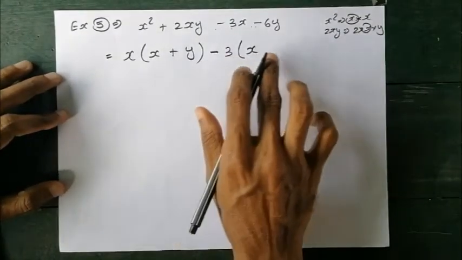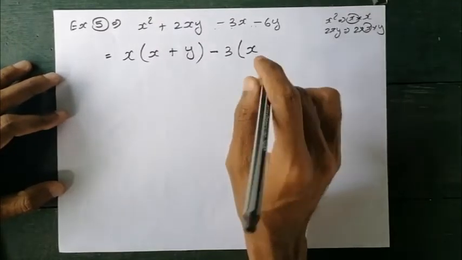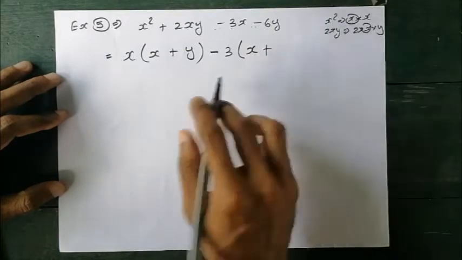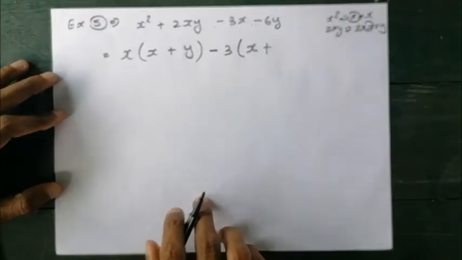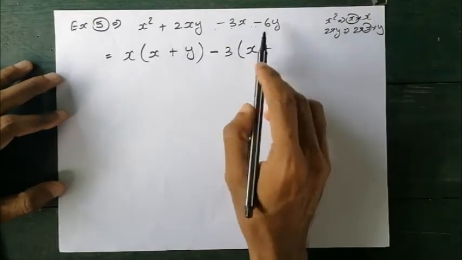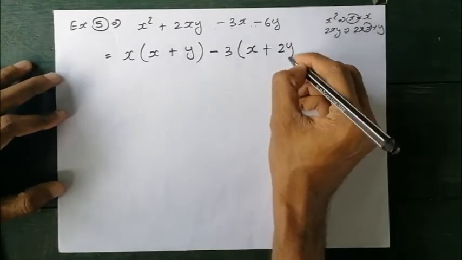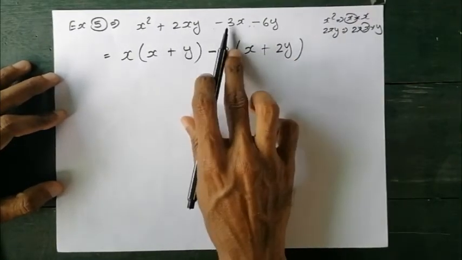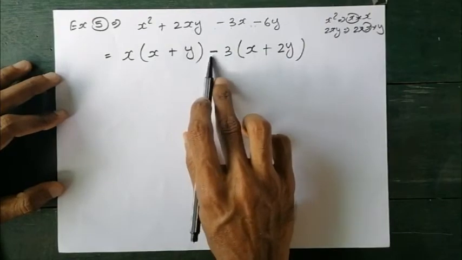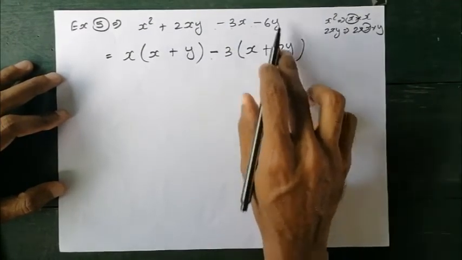Multiplying, the result should be minus, so the sign inside the bracket is plus, because minus into plus is minus. From minus 6, we take minus 3, and the remaining is 2 and y. Multiply: minus 3 into x is minus 3x, and minus 3 into plus 2y is minus 6y.